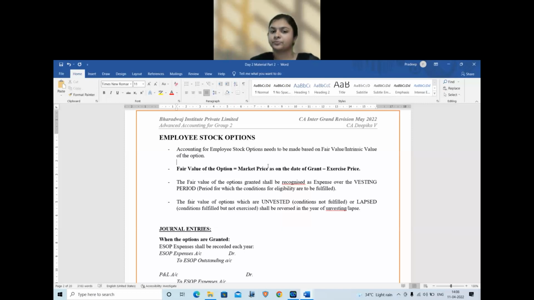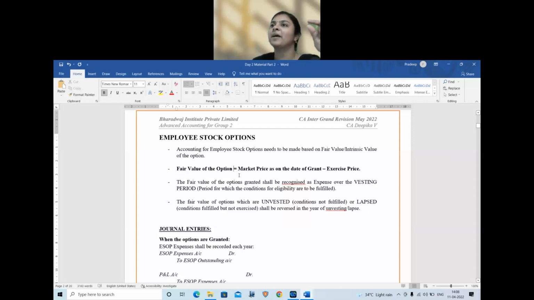Right, so now, the rule here is to recognize the employee stock option expenses at the fair value of the option granted. What is meant by fair value or intrinsic value of the option granted? It is nothing but the benefit that you are passing on to the employee.